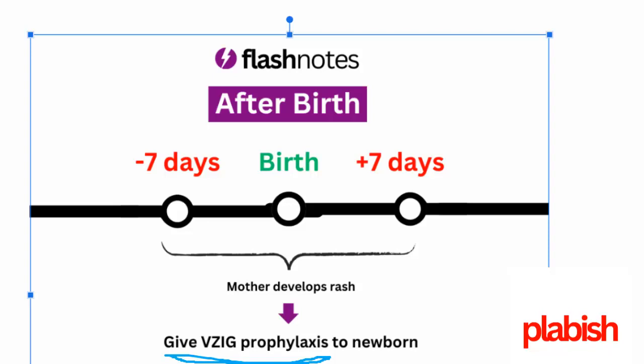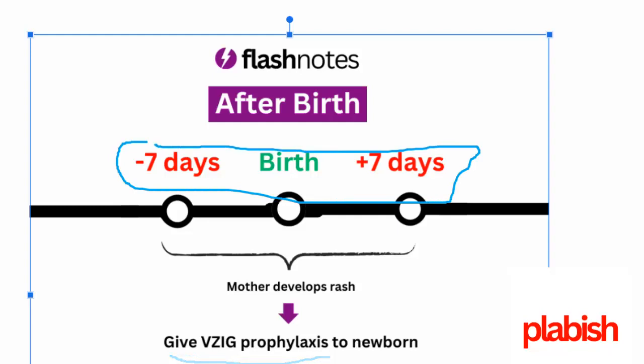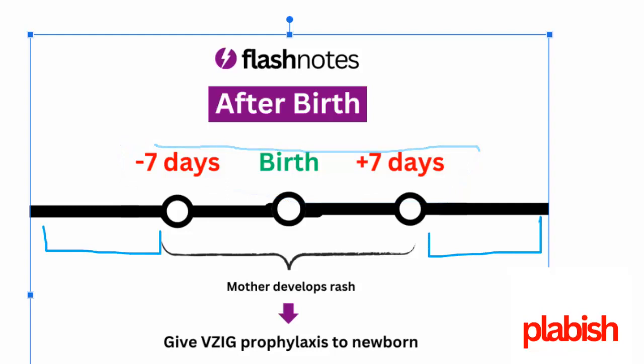So if the mother is presenting between 7 days before or after delivery, then you will give varicella zoster prophylaxis. But if she presents outside this time window, then you don't need to worry about it, because you can only observe the child and give antivirals if you see symptoms. So this is a little rule of thumb which you need to remember.